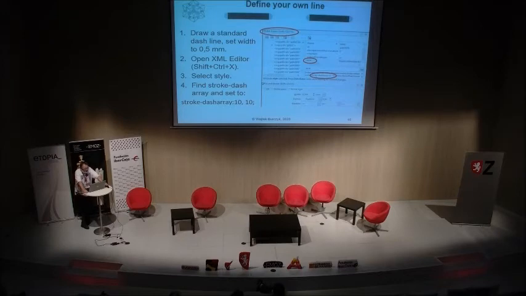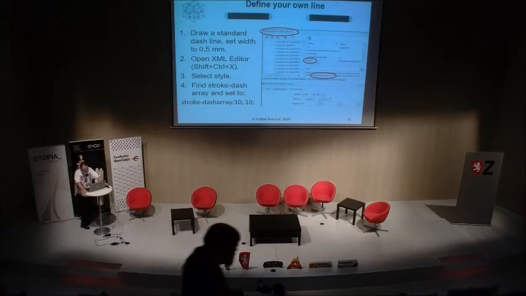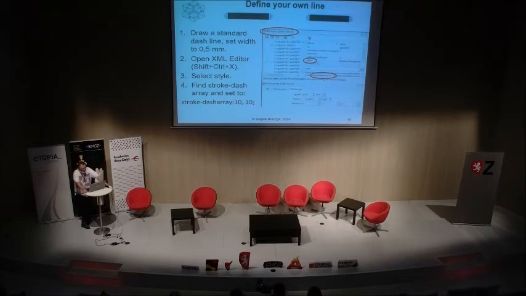We open XML editor in a tab, select our line. If it is selected, this editor is positioned on this line, we select style attribute, and in the definition of the style, we must find stroke dash array and set it, just putting in this window marked 10 by 10.